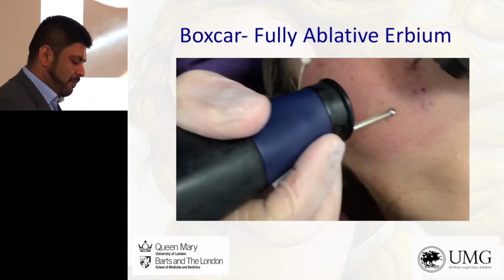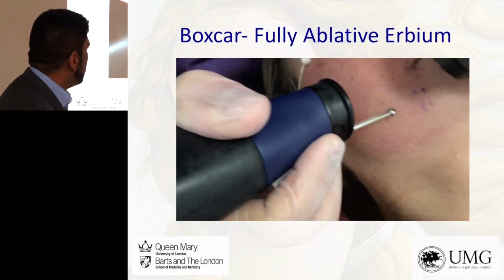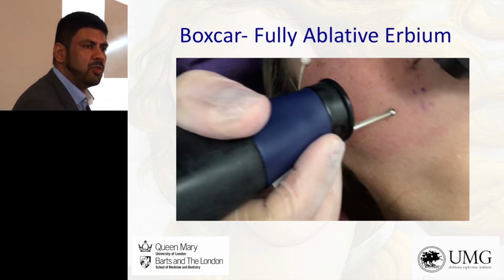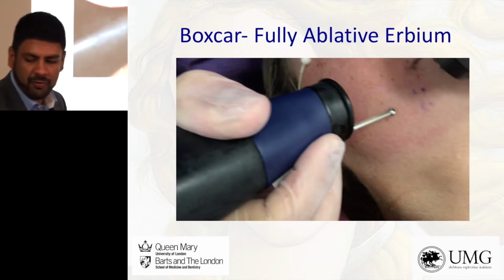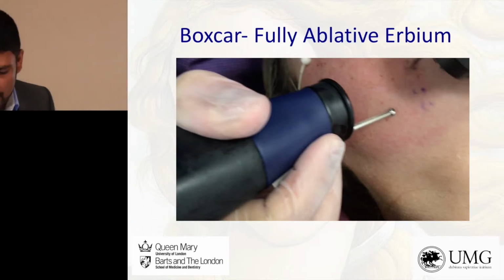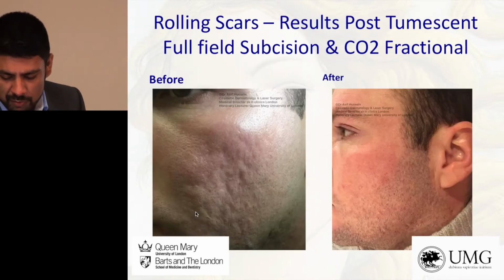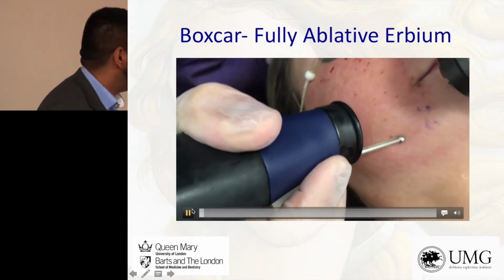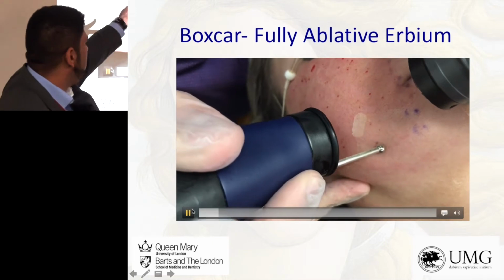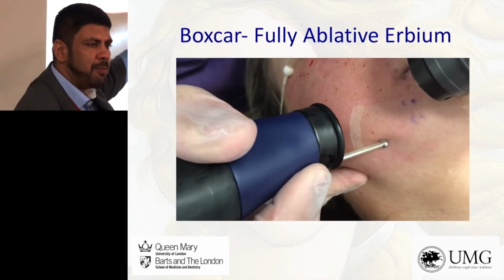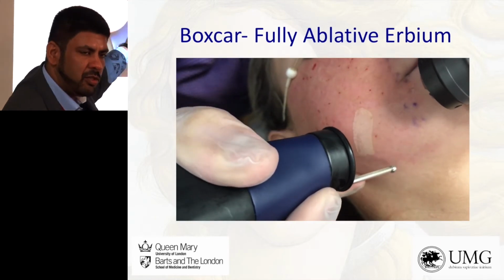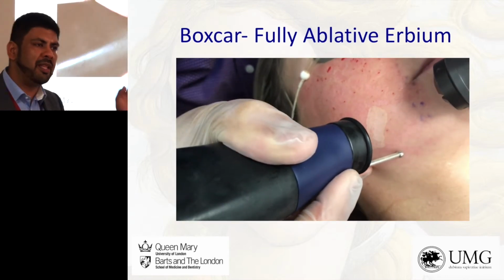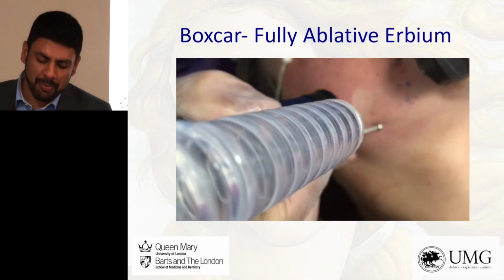And then I sometimes will, for the boxcar scarring, because it's not too deep usually, opt for a fully ablative method, where I will take the skin down to the papillary dermis. So you see, this punctate pinpoint bleeding is my endpoint, because now you're getting bleeding from the capillary loops in the papillary dermis.